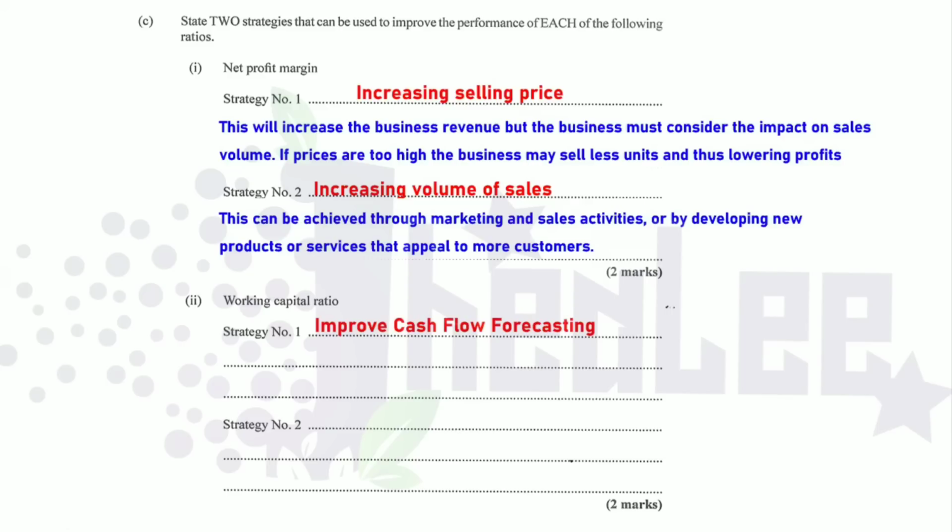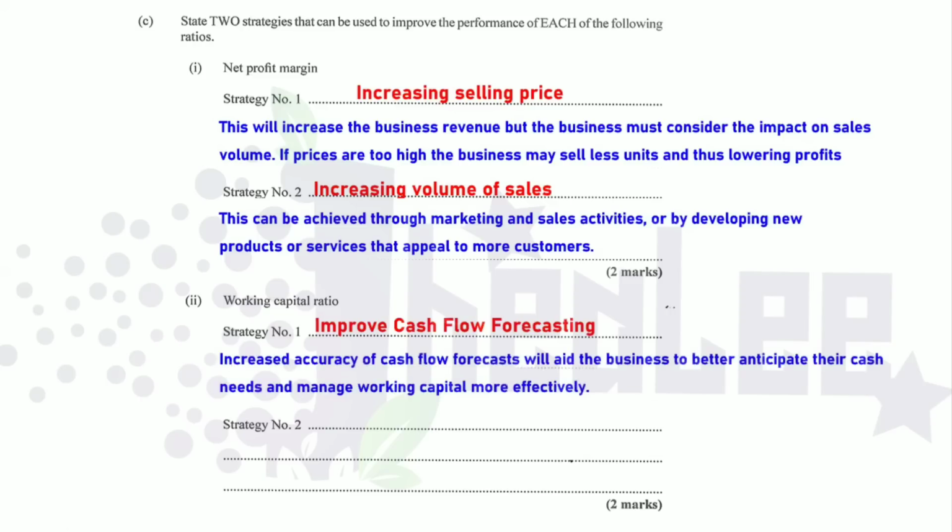It could be a case where Gigi Millie is not doing any cash flow forecasting. Or if this is done, she might need to look more closely at ensuring that it is more accurate. Increased accuracy of cash flow forecasts will aid the business to better anticipate their cash needs and manage working capital more effectively.